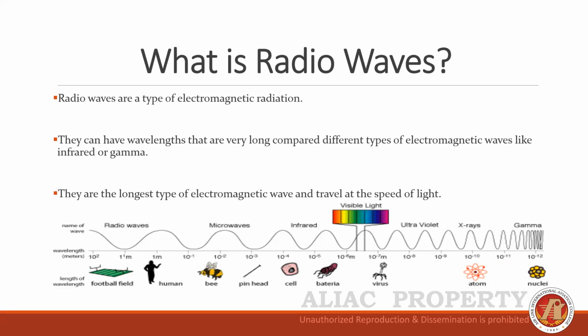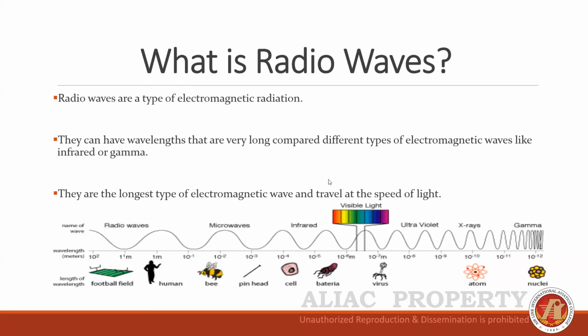So how do they work? Radio waves are generated by a transmitter and then detected by a receiver. A radio transmitter is an electric circuit that applies electric current to an antenna to generate radio waves. The antenna then radiates the radio waves.